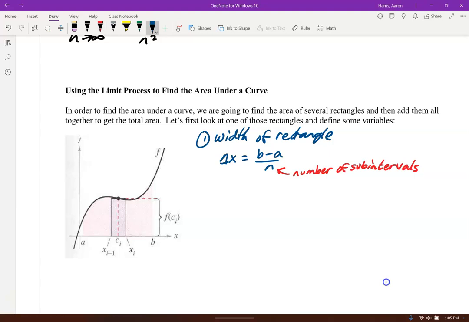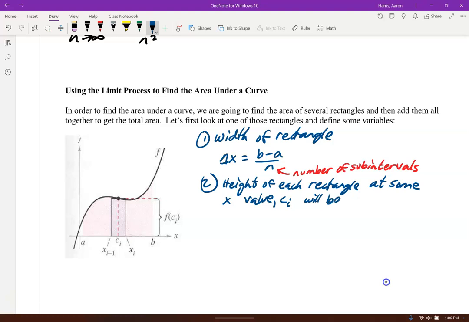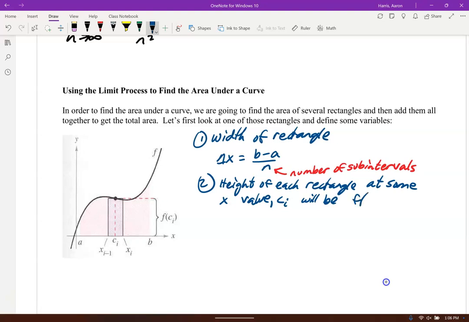And then we use the height. In this case, it looks like a midpoint here, but the height of each rectangle at some x value, or ci, will be f of ci.